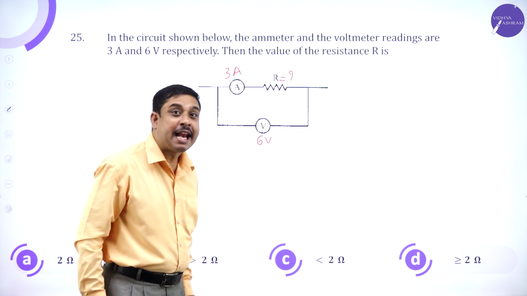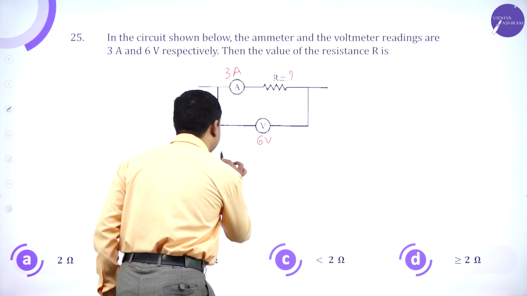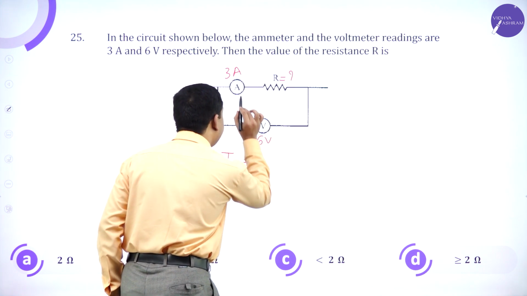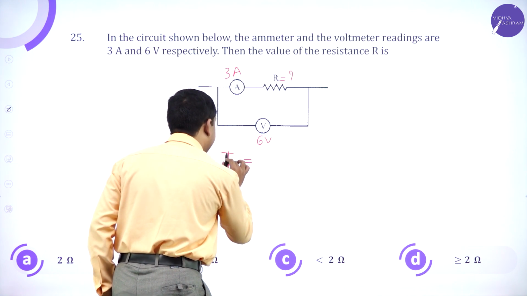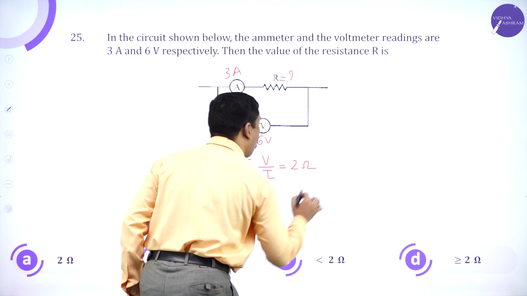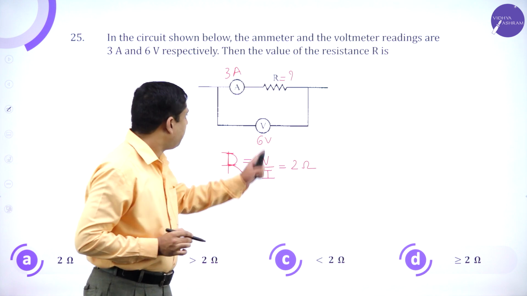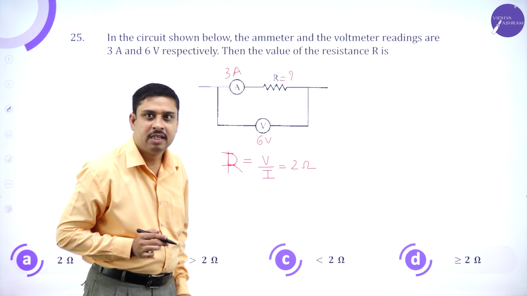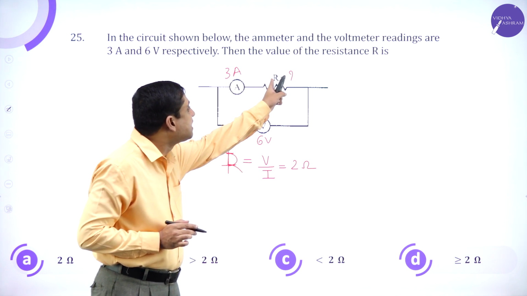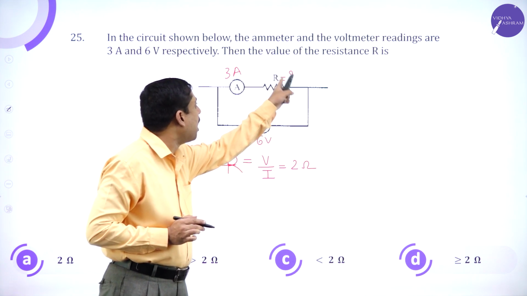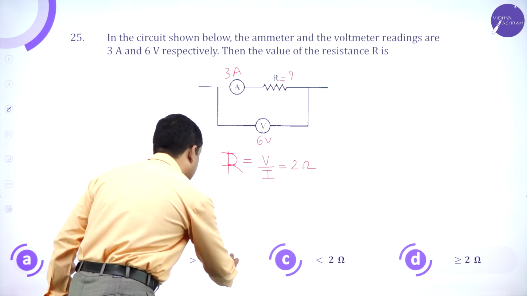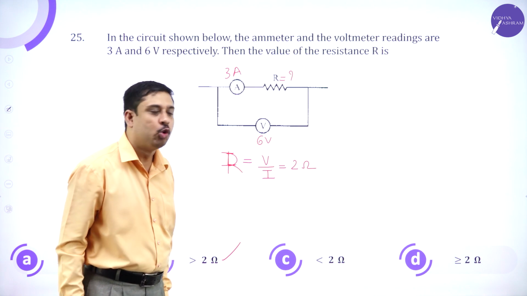If so, then the current flowing through this resistance becomes V by I. So I say resistance is V by I. This is 2 ohms. But practically this is not possible. They cannot be ideal, which means there has to be a resistance which is opposing the current here, which has to be greater than 2 ohms. So the answer is greater than 2 ohms.